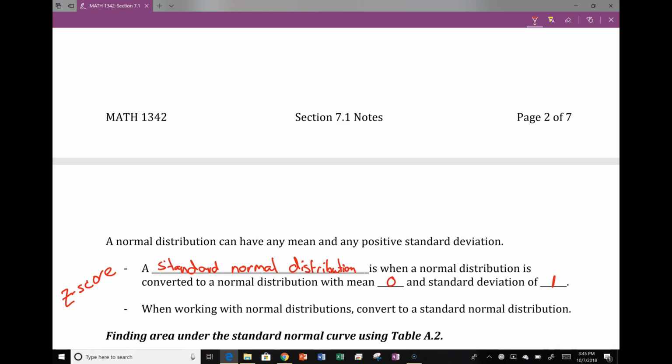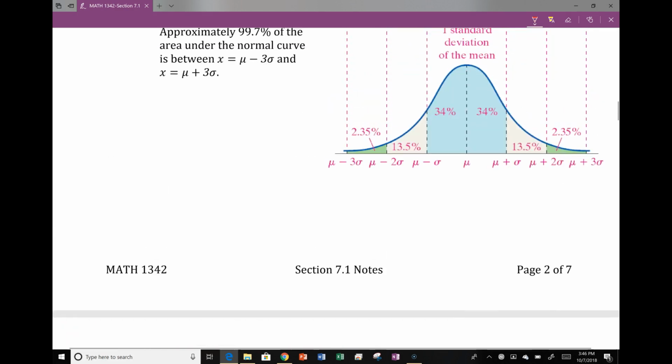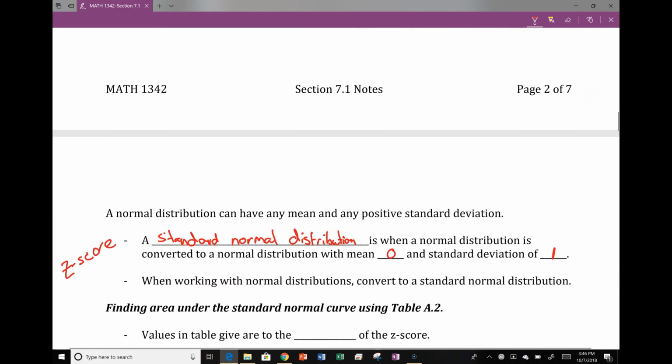And our standard deviation for this is just going to be 1. If we look back at the previous picture, if I put a 0 here, this would be positive 1, positive 2, positive 3. This is negative 1, negative 2, negative 3. That's what we mean when we want to normalize something using the standard normal distribution.